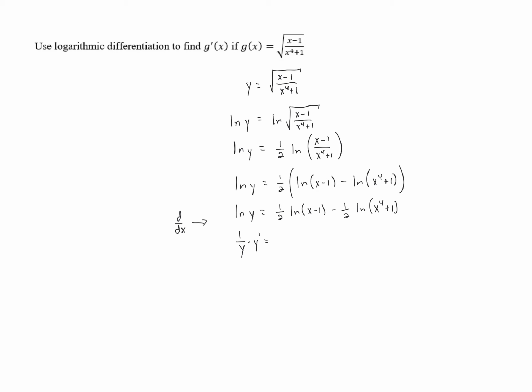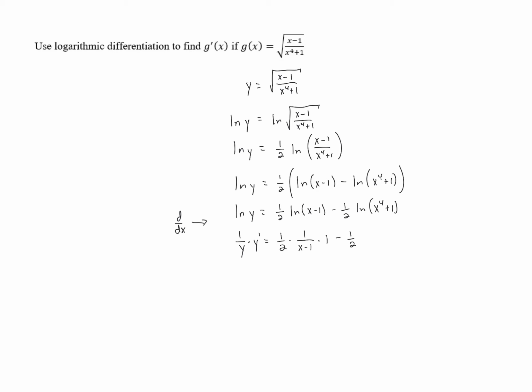On the right-hand side, we're going to keep the 1/2s out front. So we've got 1/2 times. The derivative of ln of u is 1 over u, so this is going to be 1 over (x minus 1) times the derivative of the inside. But the derivative of x minus 1 is just 1, so that's not bad.